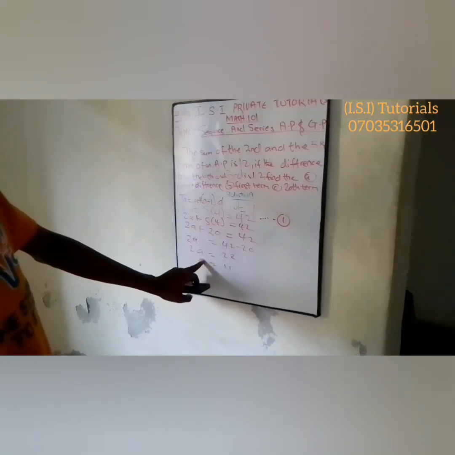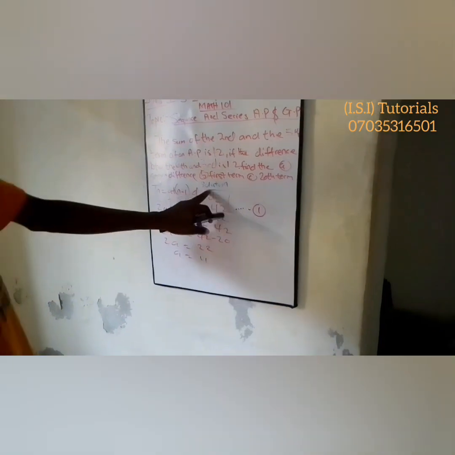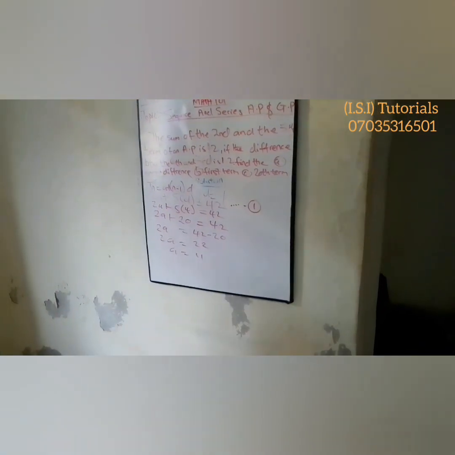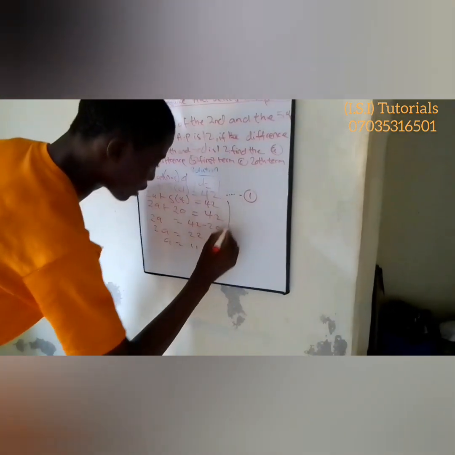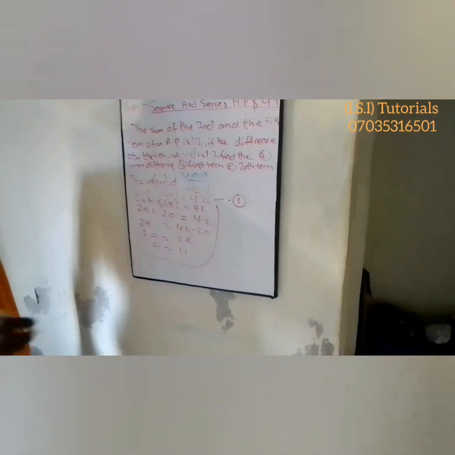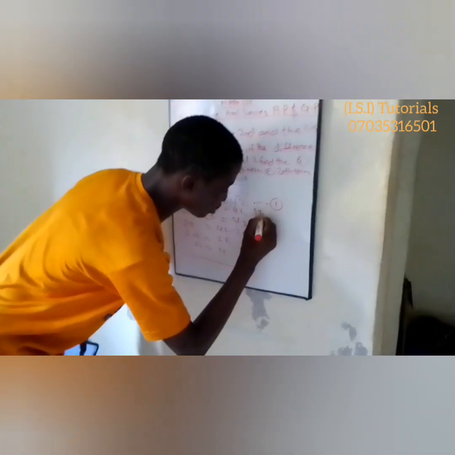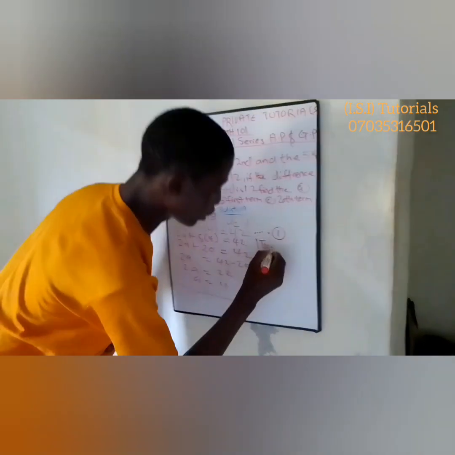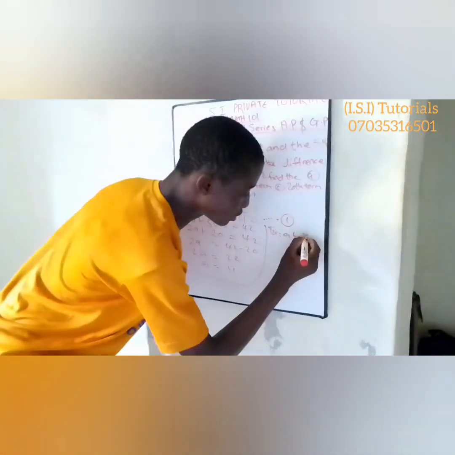So we have gotten our first term and our common difference. We are asked to find the 20th term. So T20 equals A plus 19D.